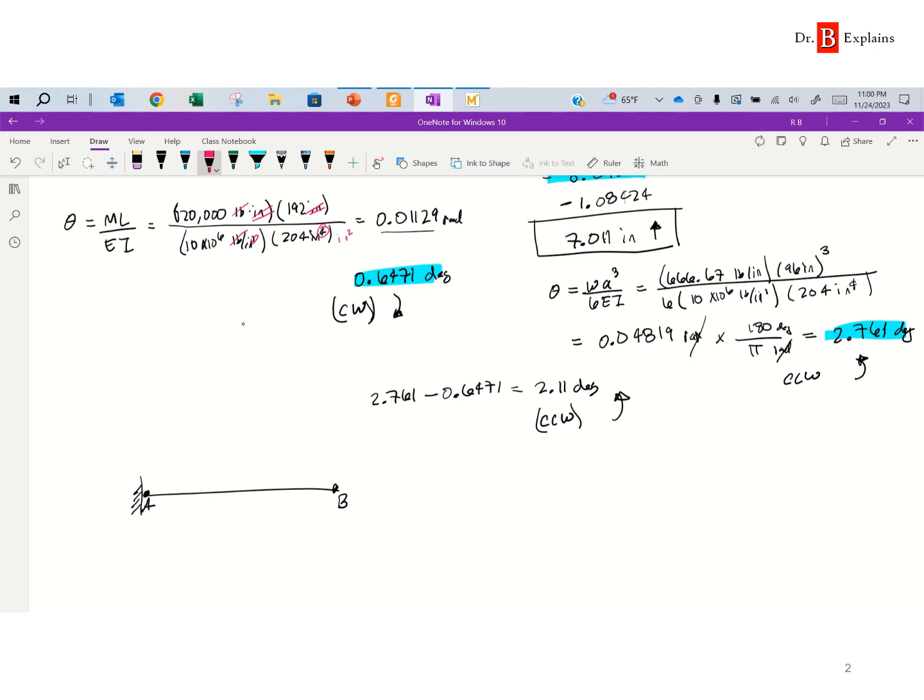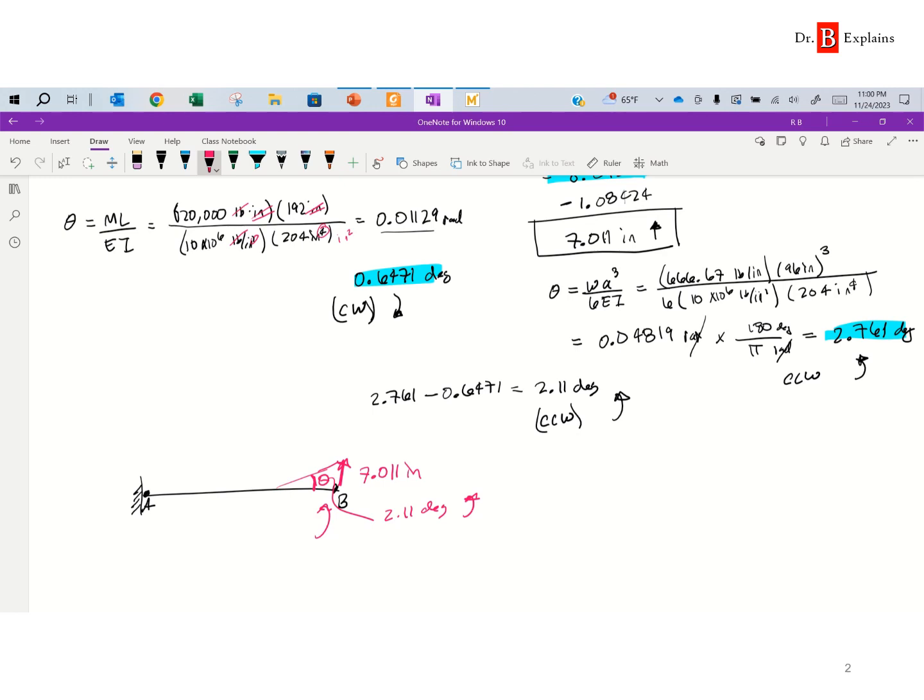Right, so it's going to do something like at the very end, it's going to move up a total of 7.011 inches. And that angle, theta, is 2.11 degrees, right? It's going to be counterclockwise or in that direction, counterclockwise.